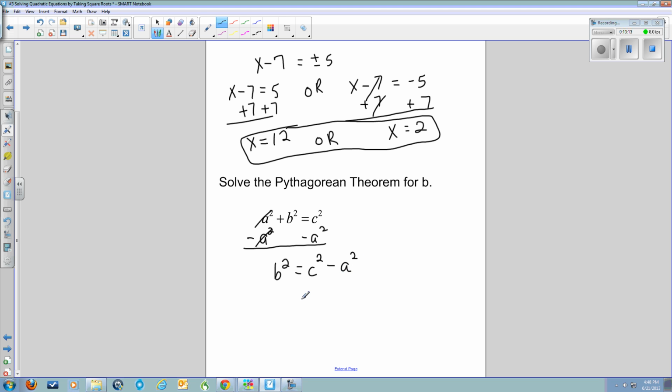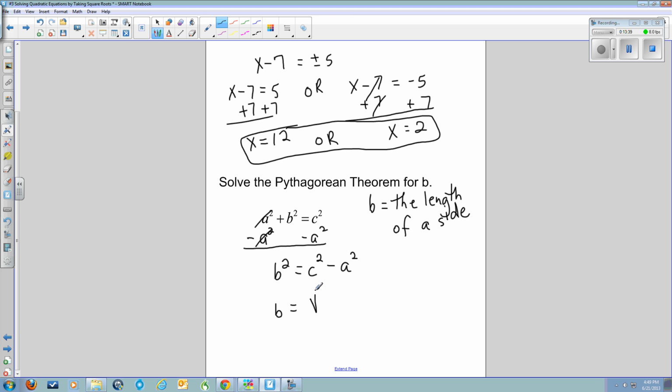Now we want to get b alone, so we're going to have to take the square root. Now keep in mind, b is the length of a side in the Pythagorean theorem. So I'm going to just write the length of a side. Okay, because it's the length of a side, we're not going to have both the plus or minus version.